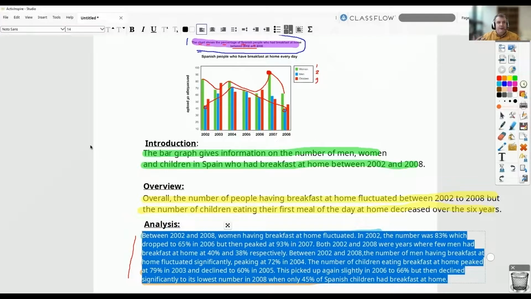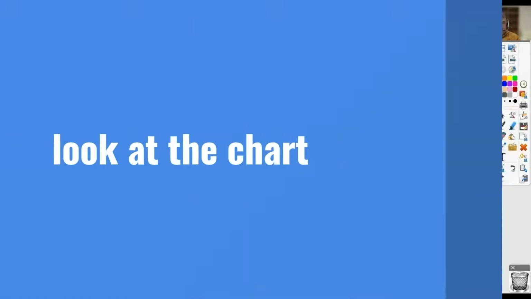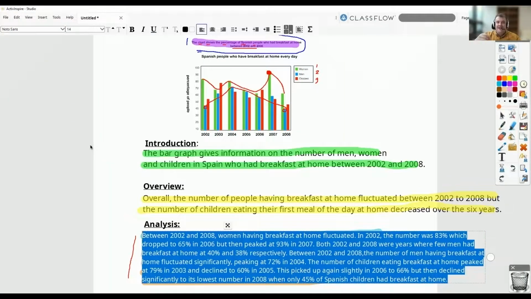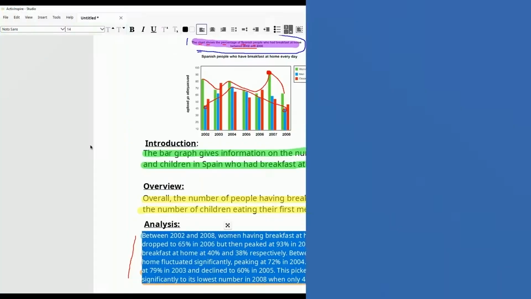So that's my approach to writing a Task 1 assignment for a bar chart. Let's just briefly recap before we finish. What do we do first? We look at the chart. We absorb, we process, we understand the task, what you have to do, and we understand the information. We look around the chart to make sure that we have everything we need.